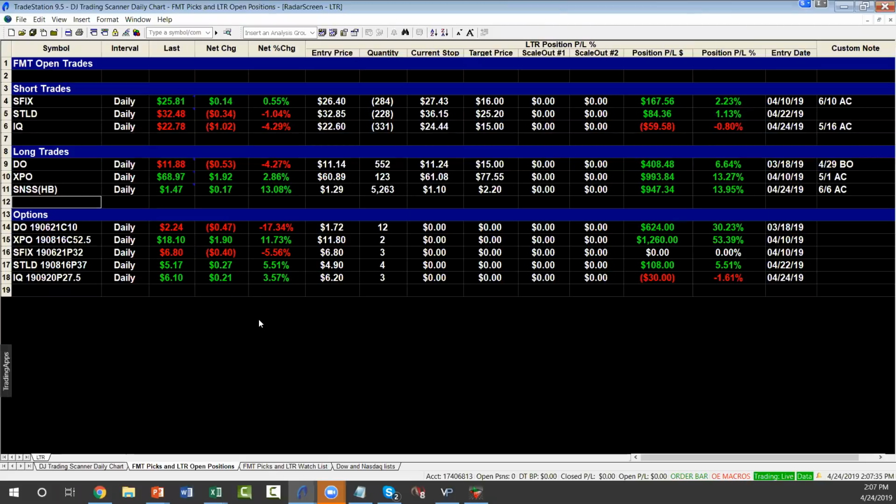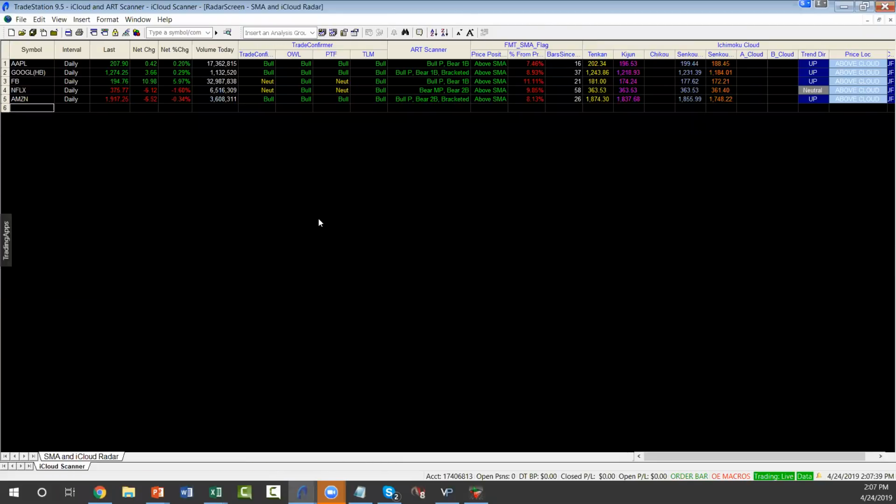So this tool is from Radar Screen. It's free, and it's included with TradeStation, and Thinkorswim's got a similar thing, and Ninja's got a similar thing, and MetaTrader has a similar thing. Everybody's got some kind of table you can load indicators into and do filtering.